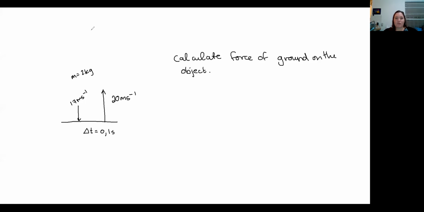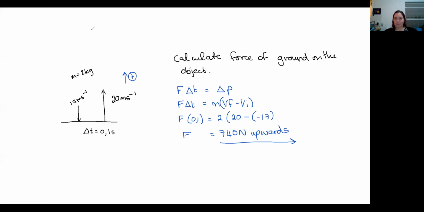So for this particular one, if we look at what we've done here, our time is 0.1 seconds. Our mass is 2 kilograms. Now, I was naughty here. I knew that the force was going to be upwards, so I just made upwards positive. You're allowed to do that too. You choose your direction. So the final velocity was positive 20 minus the initial, which was negative 17.